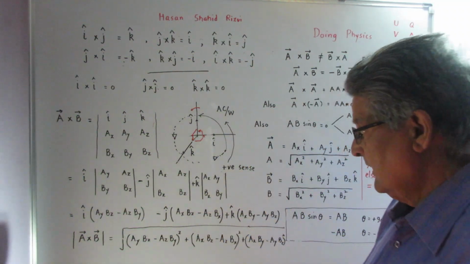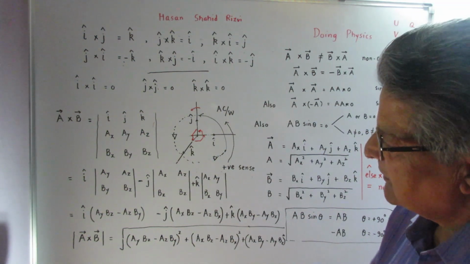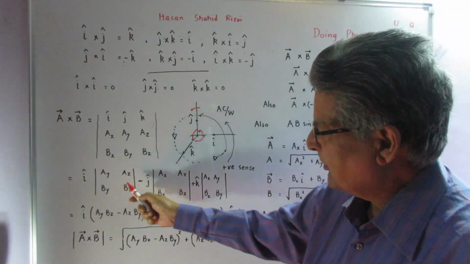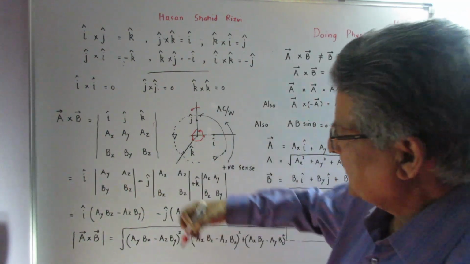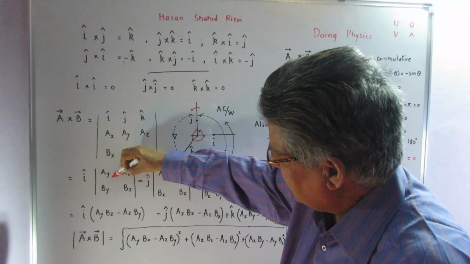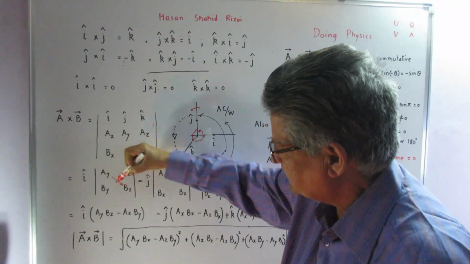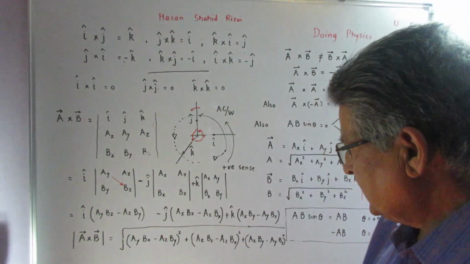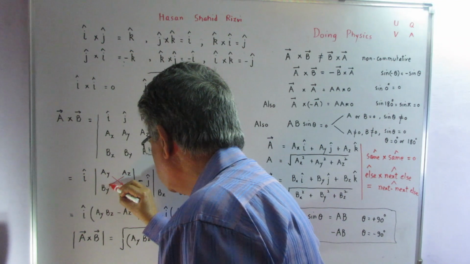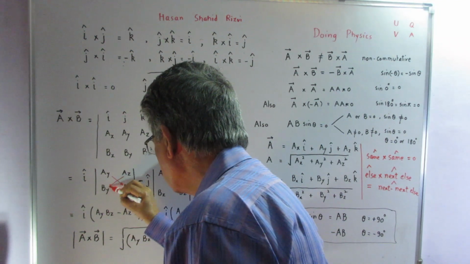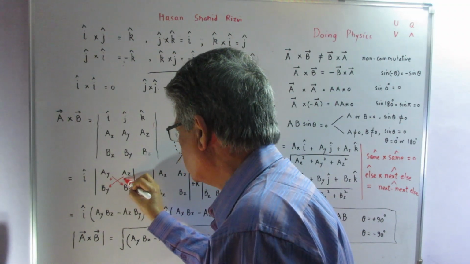Then I resolve that. In a determinant of this order, we multiply this into this minus this into this. So this one is plus and this one becomes minus.